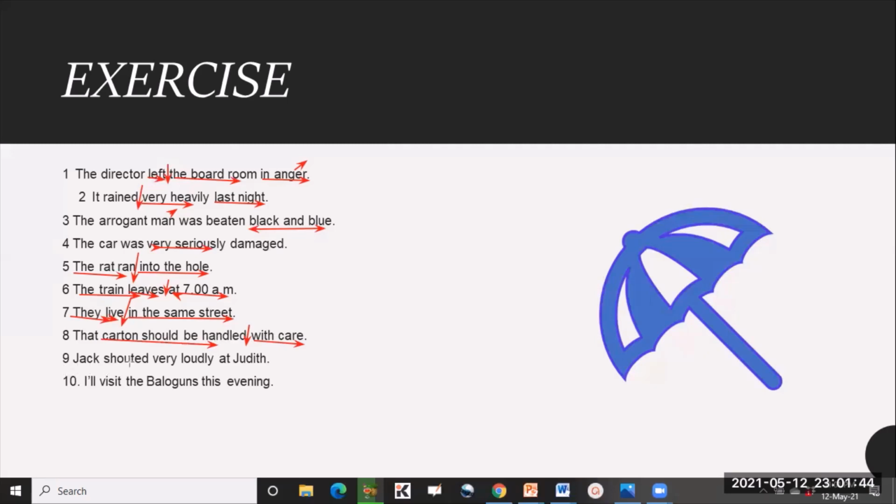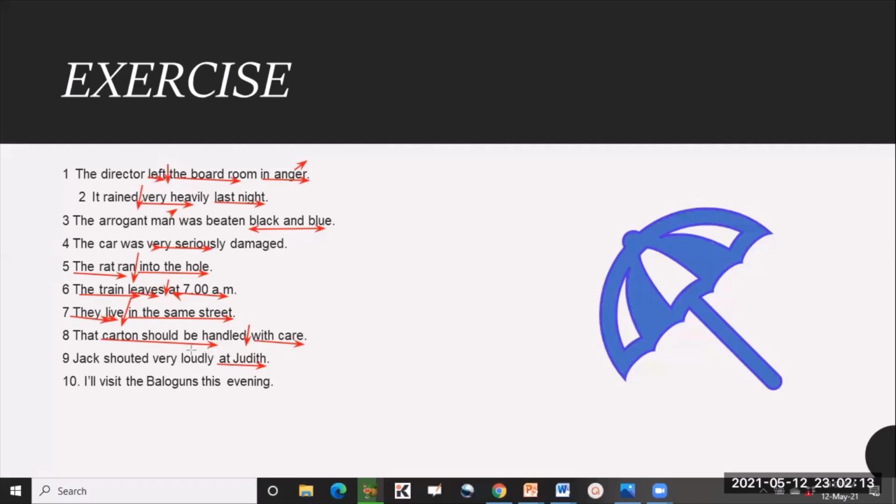Question number 9: Jack shouted very loudly at Judith. The prepositional phrase here is "at Judith." If we ask what exactly is the function of this prepositional phrase, then of course we can say that it is modifying the verb "shouted."